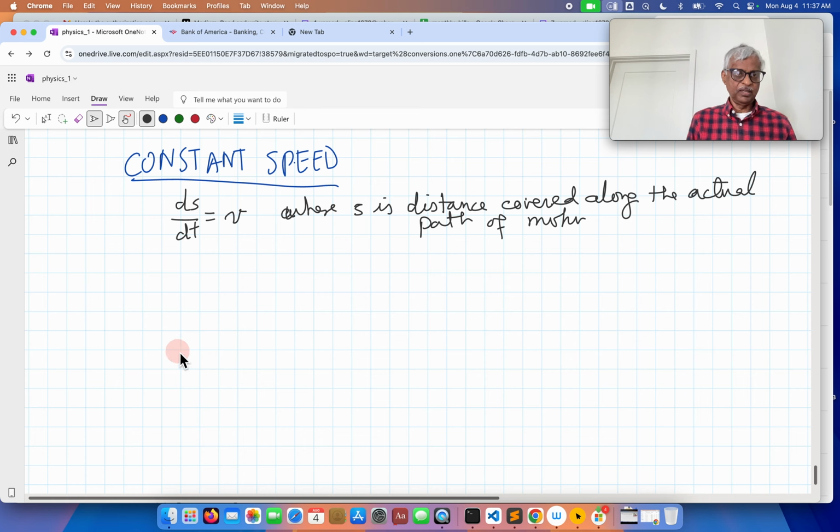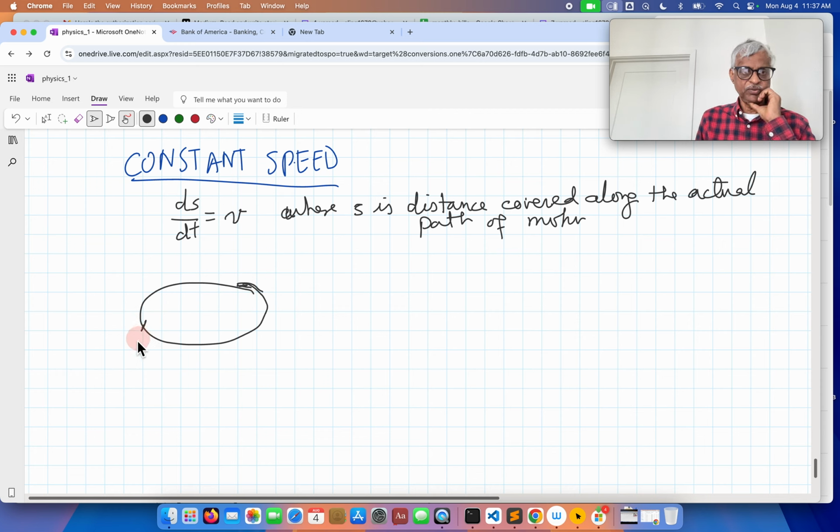So if you're going around, say, some kind of oval, and you start here, let's call it s equal to 0, t equal to 0, and you mark it. Here you have time t.